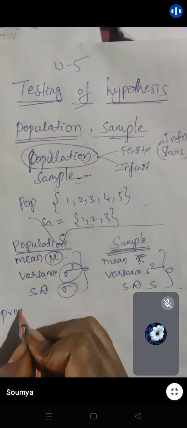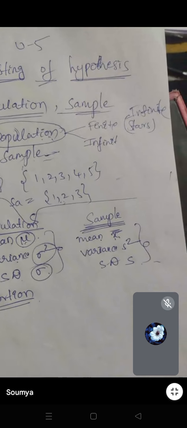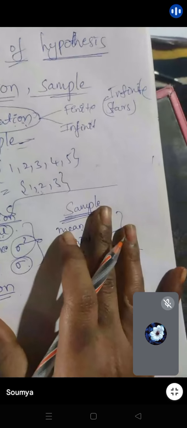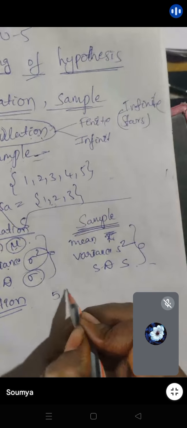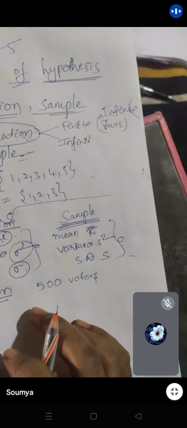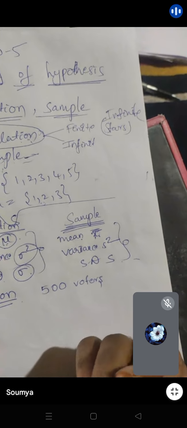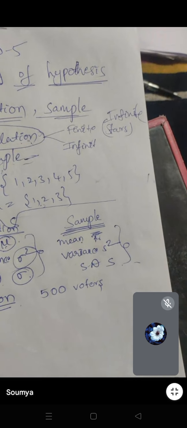Okay. We have another word, proportion. Proportion is nothing but probability. Suppose there are 500 voters and I want to check which party is winning.